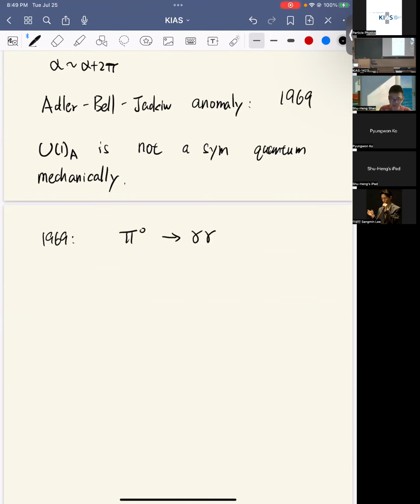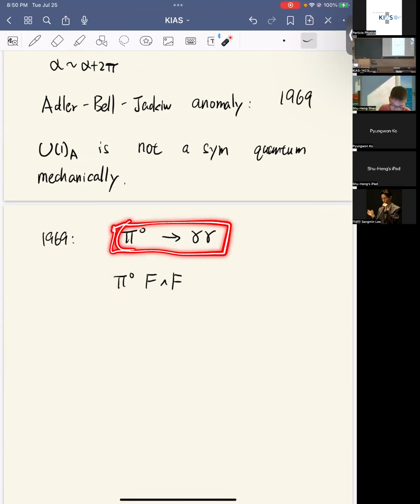They thought the neutral pion was the Goldstone boson for the chiral symmetry of the strong interaction, the chiral Lagrangian. However, if the neutral pion were really a Goldstone boson, then it wouldn't have a coupling with the gauge field in the following way, because it violates the shift symmetry of the Goldstone boson. But on the other hand, the experiment observed that the dominant decay channel of the neutral pion is going to 2 photons.